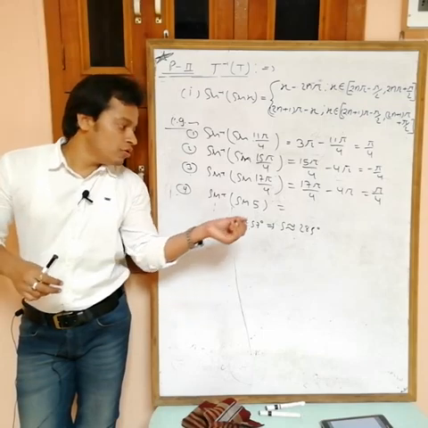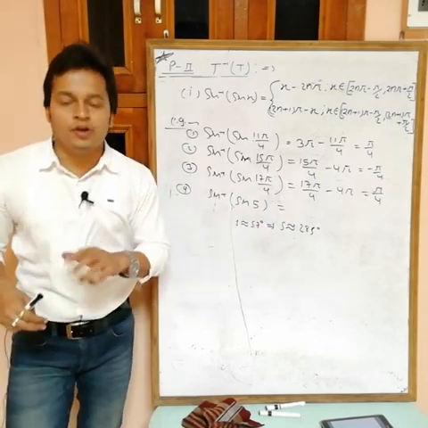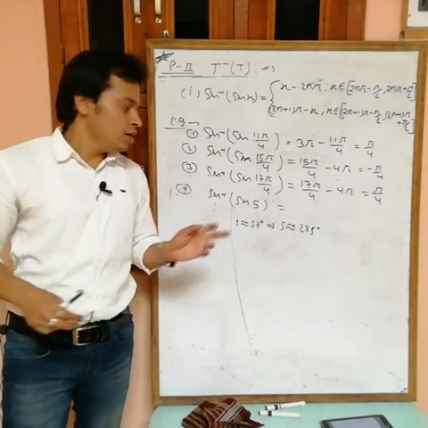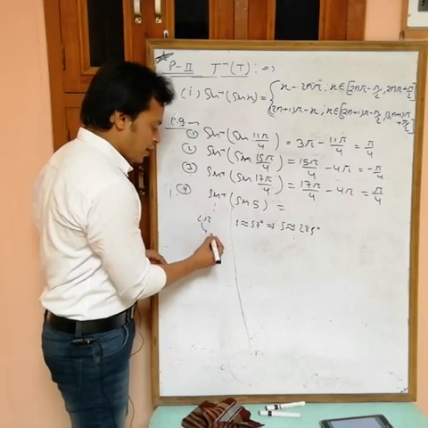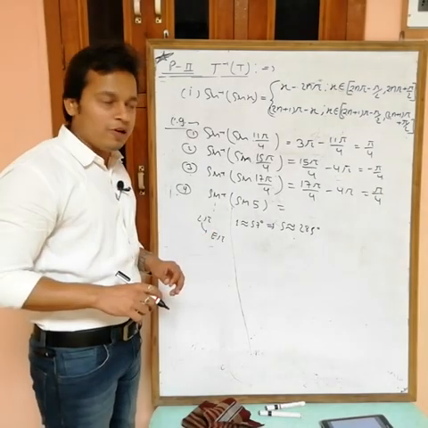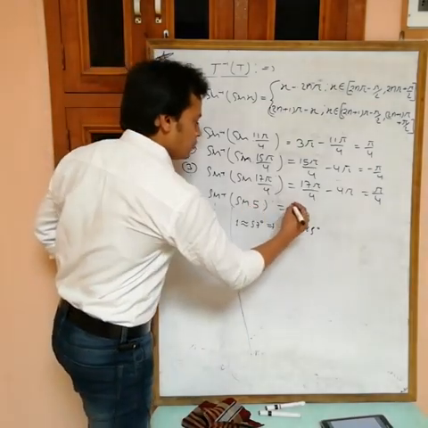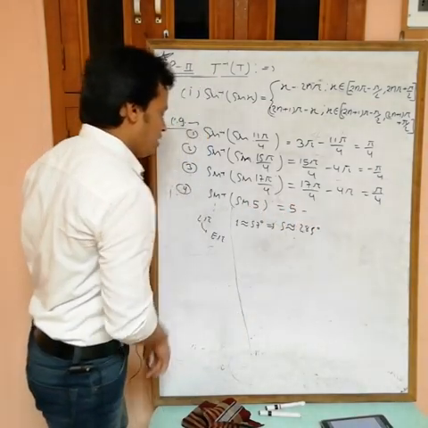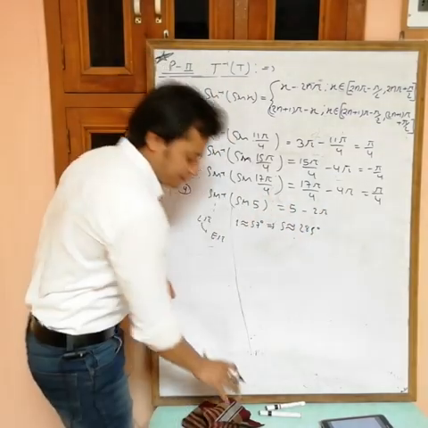So 5 is near to 2 pi, and 2 pi is an even multiple of pi. In sine inverse sine x, when x is near to an even multiple of pi, the answer is x minus that even multiple of pi. It means 5 minus 2 pi. This is the answer.